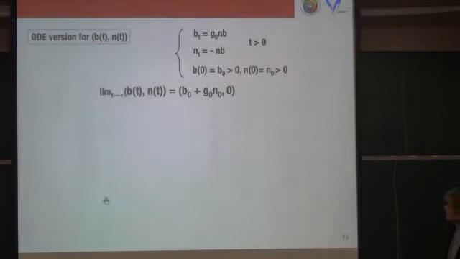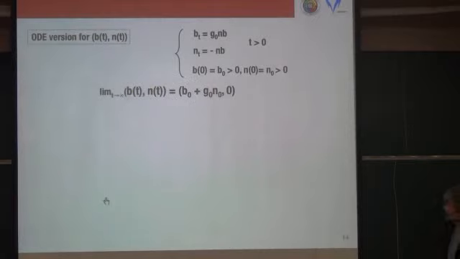Then it is easy to see, if we multiply the second equation by G0, and add the two equations, this cancels. So B plus G0 N is constant with respect to time, okay. That's why we get this relation.